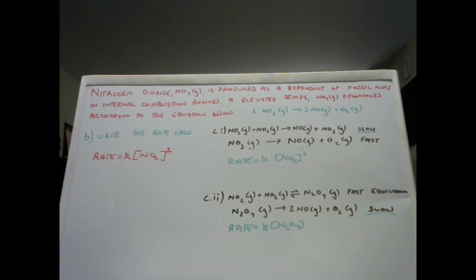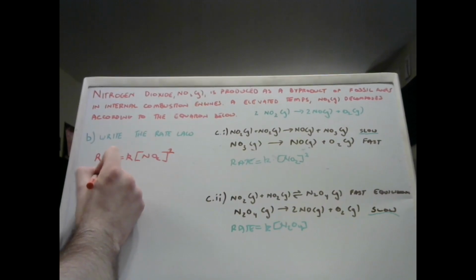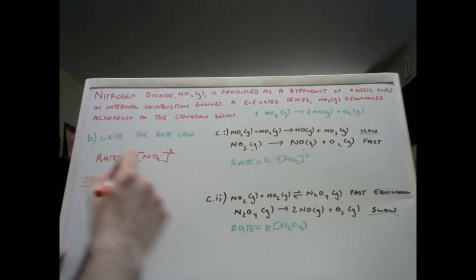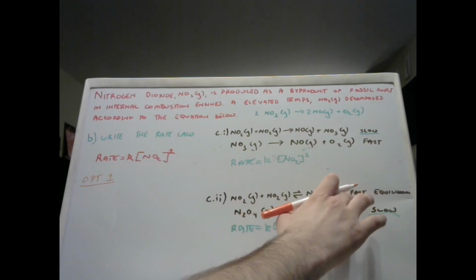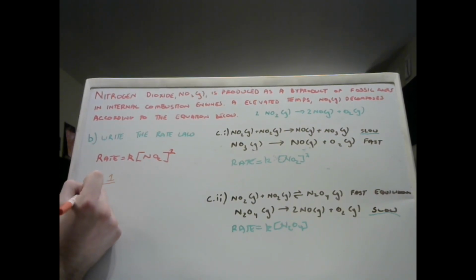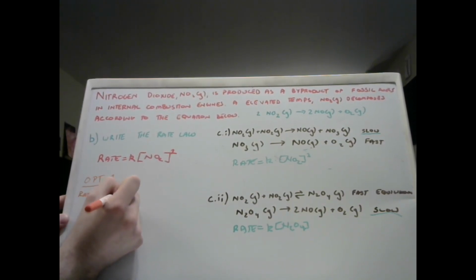There are two ways to go about this. They ultimately give you the same goal, but let's talk about them over here. Option 1. Because this is an equilibrium reaction and it reaches this equilibrium very fast, what we can say is that the rate going forward equals the rate in reverse.